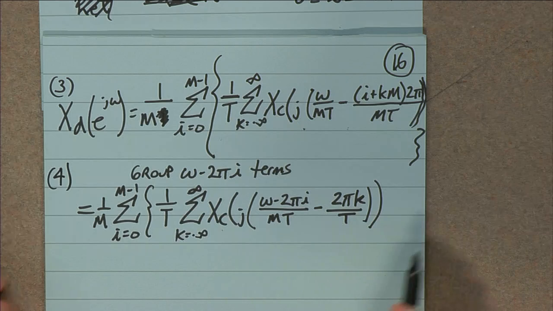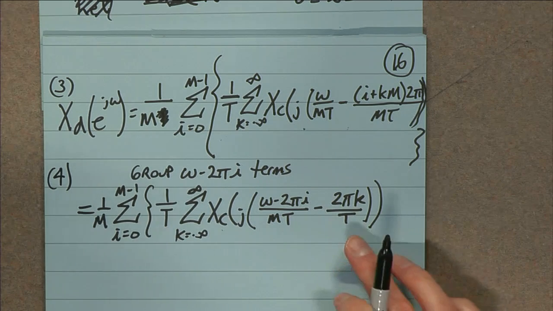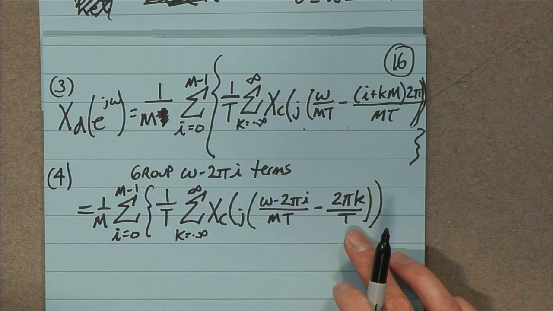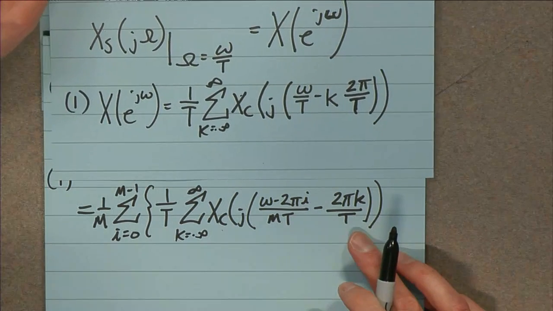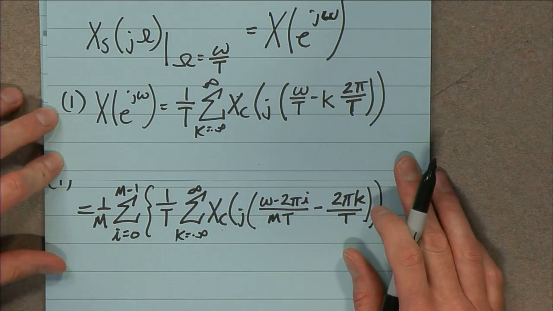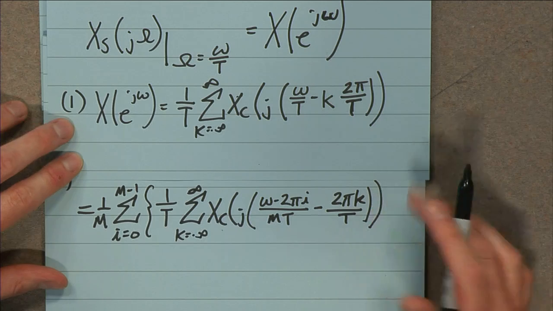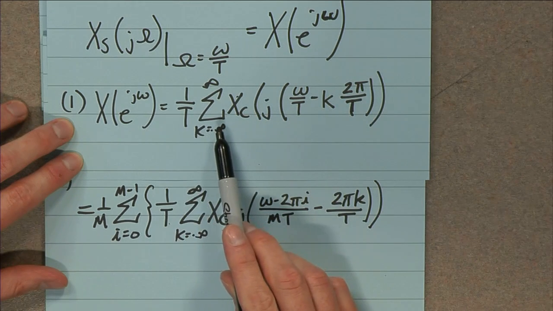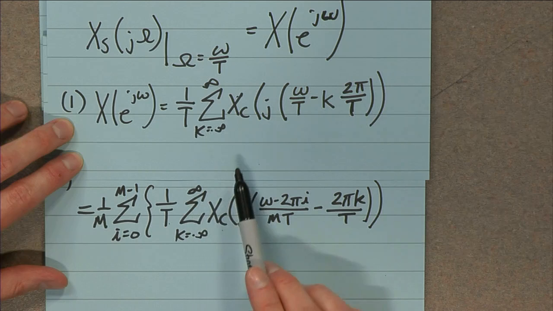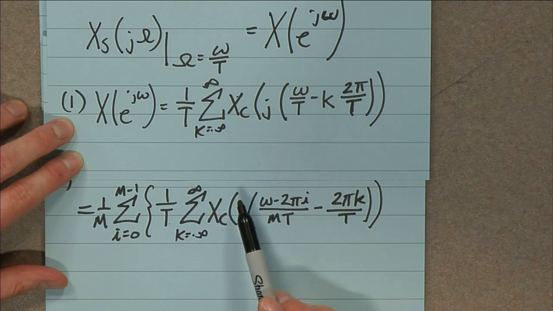Our next step is to realize, even though equation 4 looks very messy, I'm going to go back to equation 1 and compare them. And the insight here is that if we look, okay, 1 over T, the summation of k to infinity, we've got that, check, Xc, j.